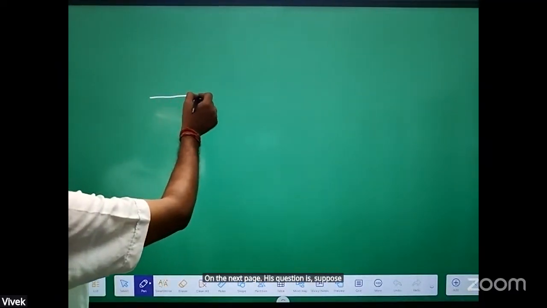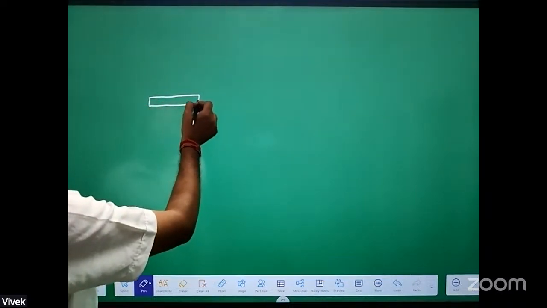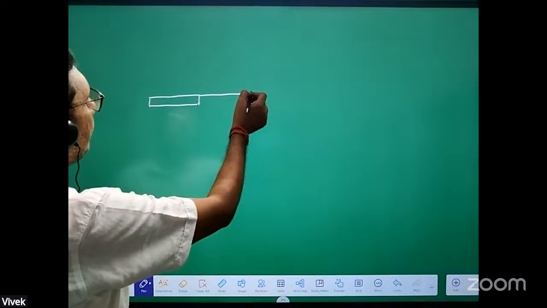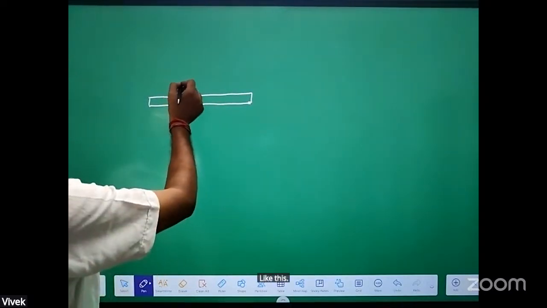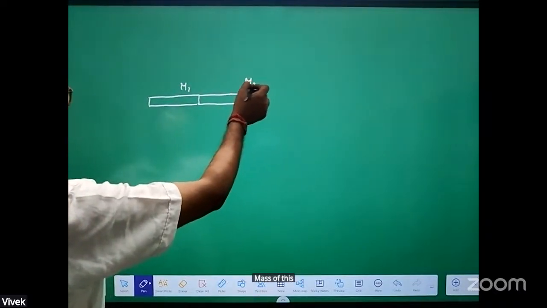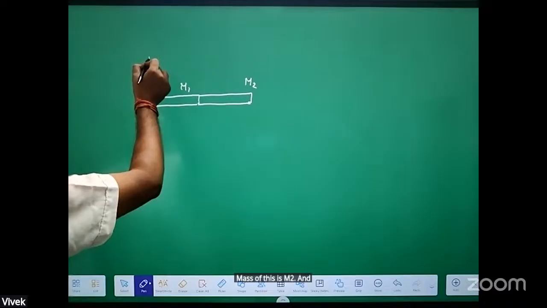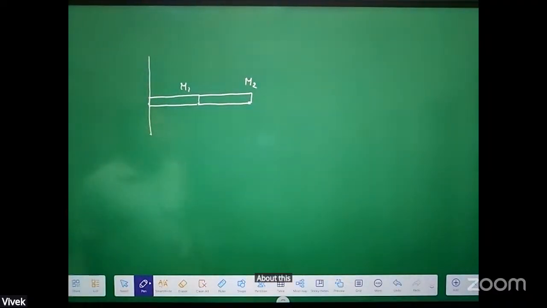His question is, suppose you are having two rods like this. Mass of this is m1. Mass of this is m2. And you are rotating this rod about this axis. What will be the moment of inertia?